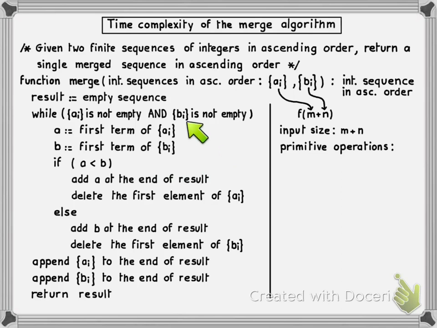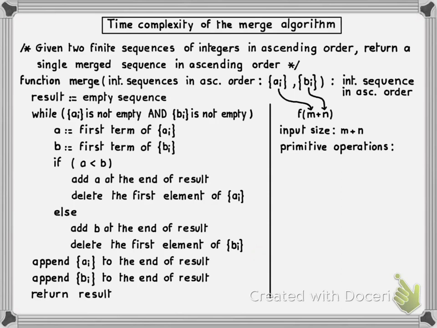Since these are constant time operations as well, we see that the execution of the whole body of the while loop takes constant time. So the bottom line of this analysis is that the runtime of this algorithm is proportional to the number of times that this while loop gets executed.